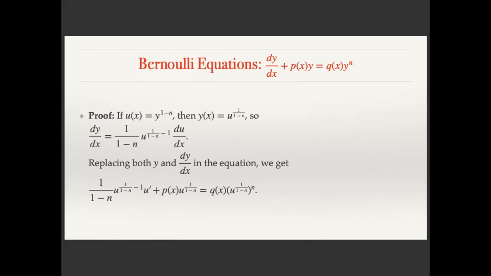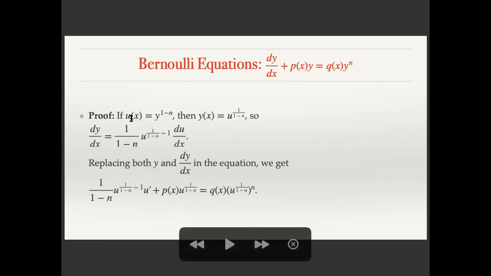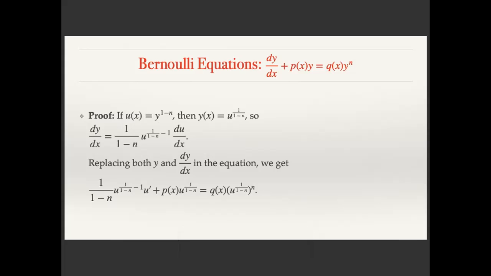So dy over dx, the derivative of y with respect to x, we just take the derivative of this function u to the power 1 over 1 minus n as a function of x, and we use the chain rule. So the derivative of u to the power 1 over 1 minus n as a function of u is 1 over 1 minus n times u to the power 1 over 1 minus n minus 1.